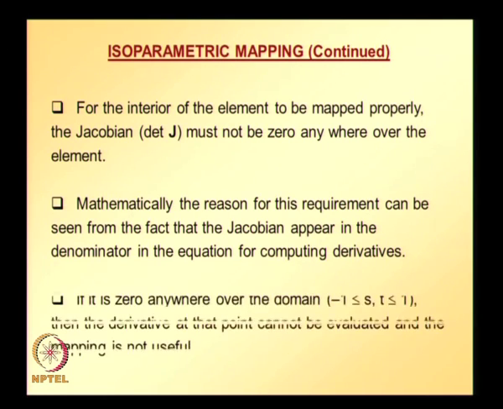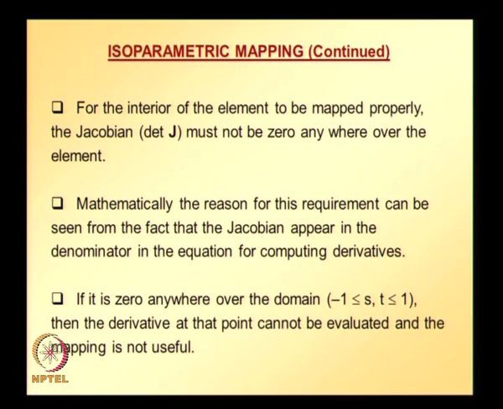So, if the determinant of J is equal to 0 anywhere over the domain of the parent element, s going from -1 to 1, t going from -1 to 1, then the derivative at that point cannot be evaluated and the mapping is not useful, because 1 over 0 is infinity.